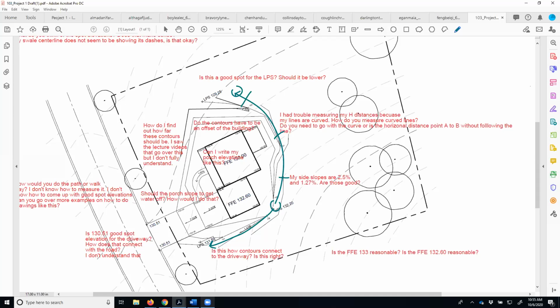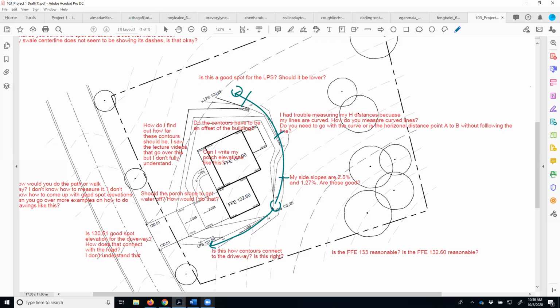Now, your question is about how far away do the contours have to be from the house? It's not a distance that the contours have to be, it's a distance related to the slope away from the house. So if we look at the, my other computer does not want to let me scroll up for some reason.